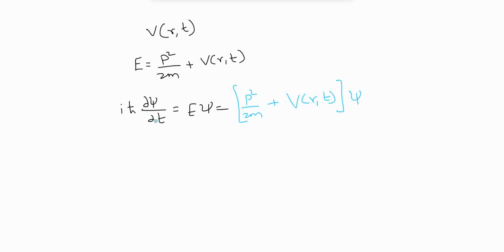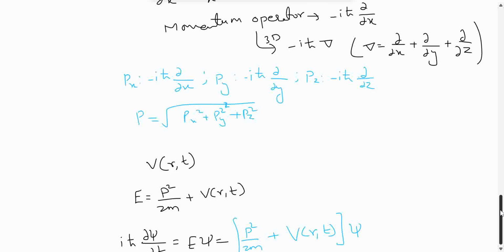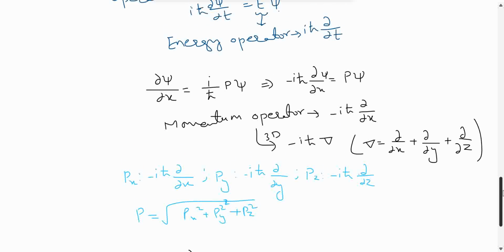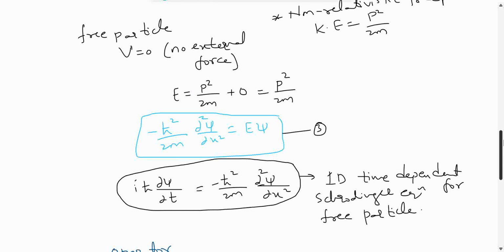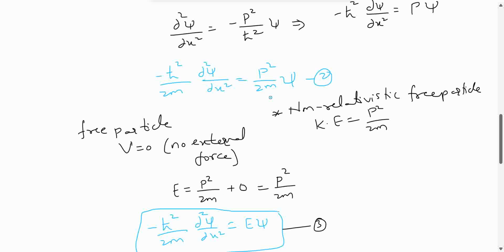So here we got this from the very first equation which we derived. We are just substituting the non-relativistic case energy here. Now p square by 2m times psi is nothing but minus h cross square by 2m dou square psi by dou x square.